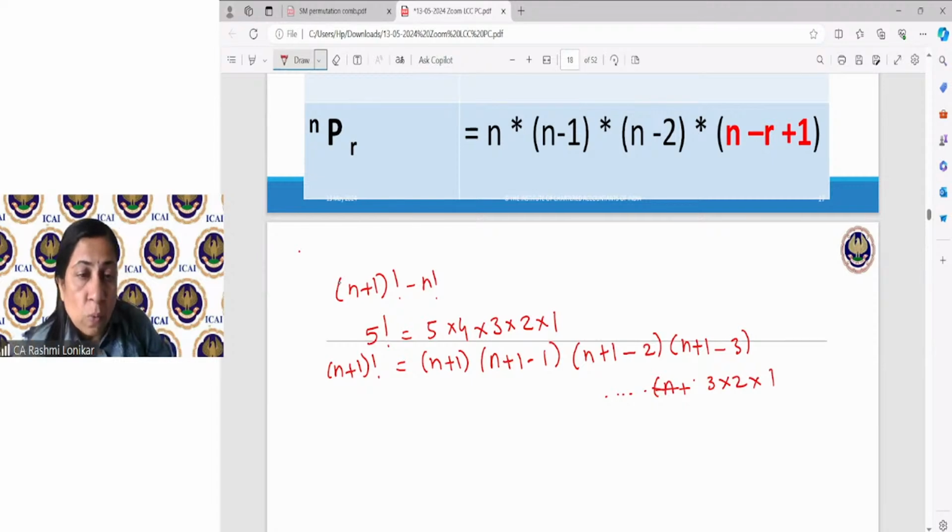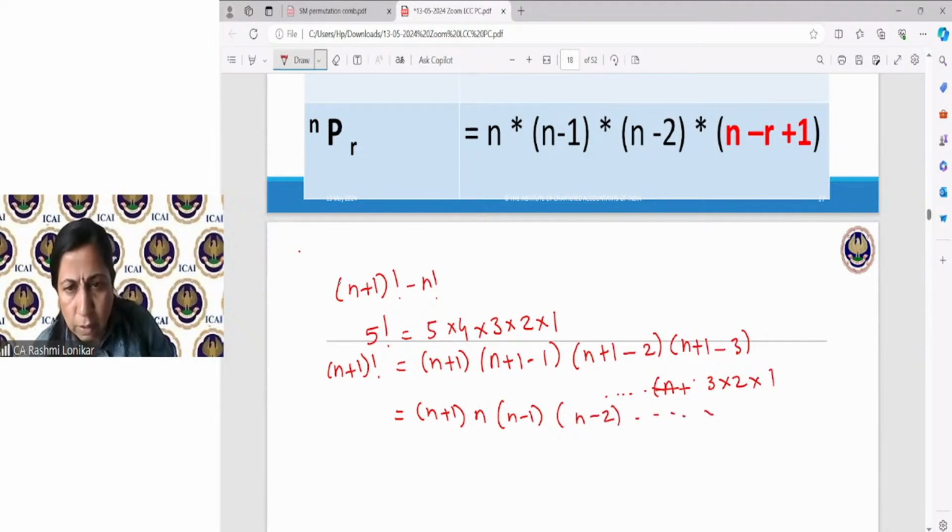Now what happens here is I will solve this. (n plus 1) minus 1 is n. (n plus 1) minus 2 will become n minus 1. Then (n plus 1) minus 3 becomes n minus 2, up to 3, 2 and 1.